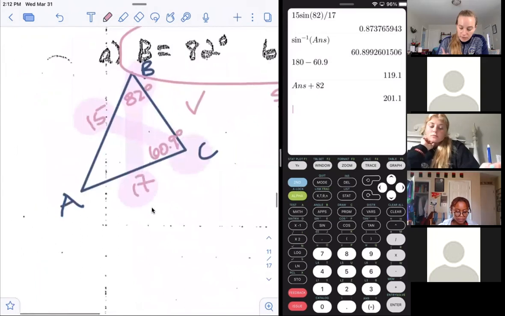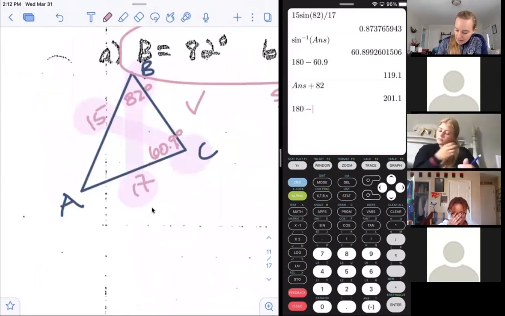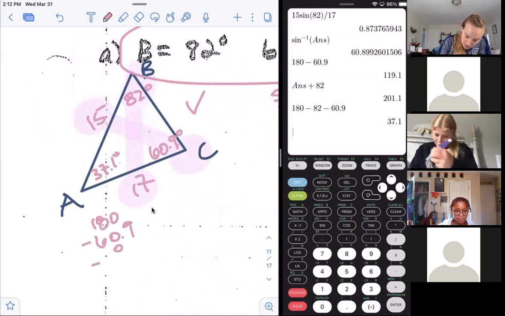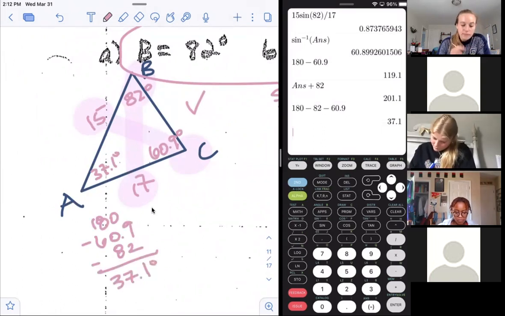Okay, let's keep solving. So I'm going to do 180 minus 82 minus 60.9, and that's 37.1 for this angle right here. Again, I did 180 minus 60.9 minus 82. And then now I need to do law of sines to find that.